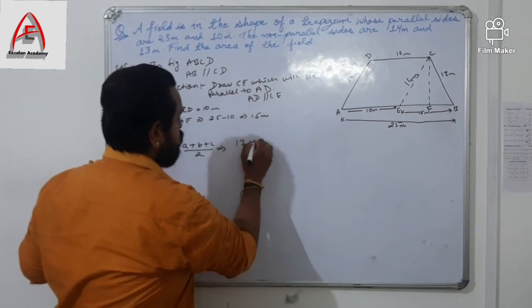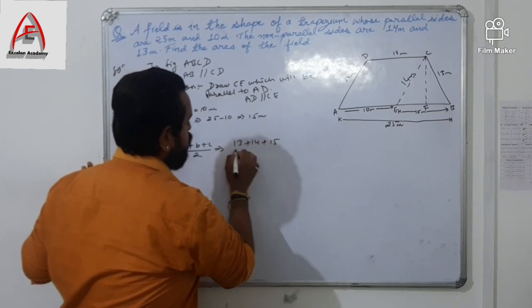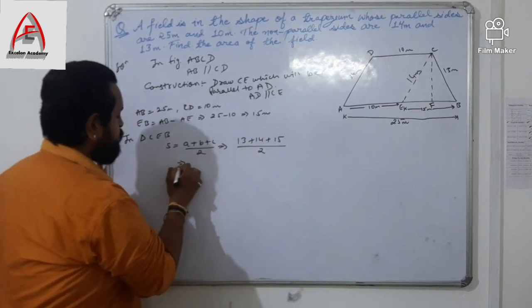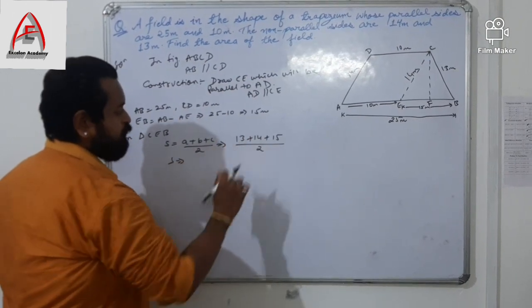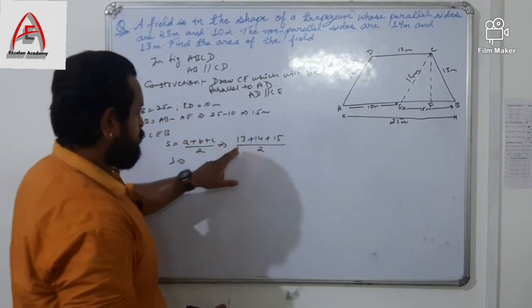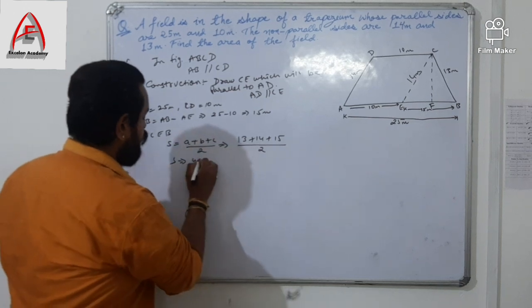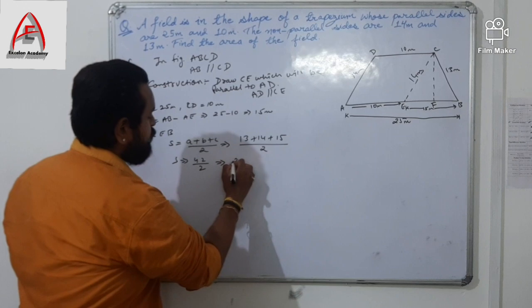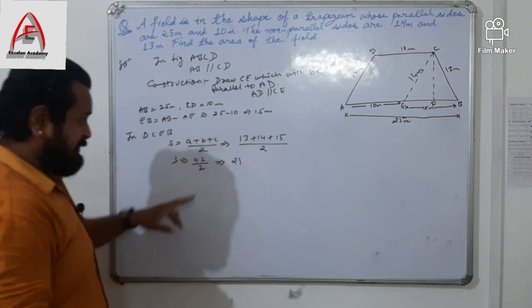So (13 plus 14 plus 15) by 2. 13 plus 14 plus 15 means 42, upon 2, and after dividing this we will get 21 as S.